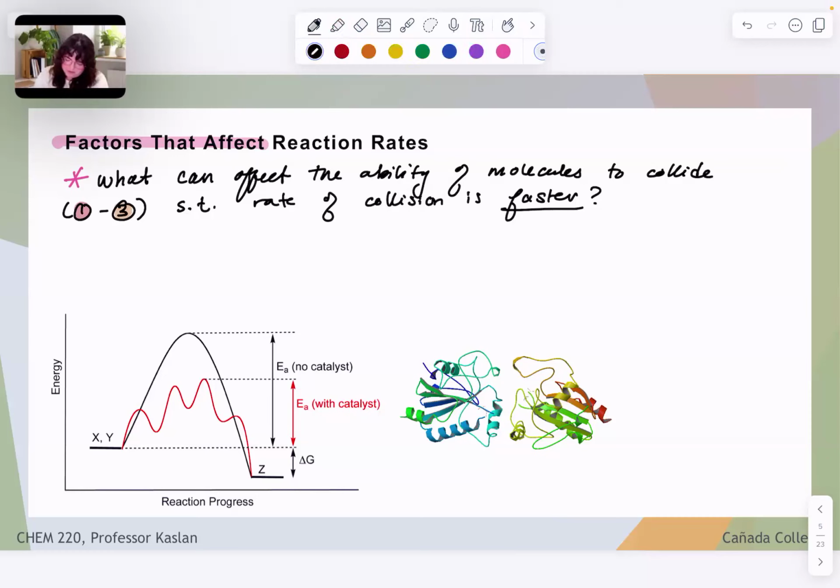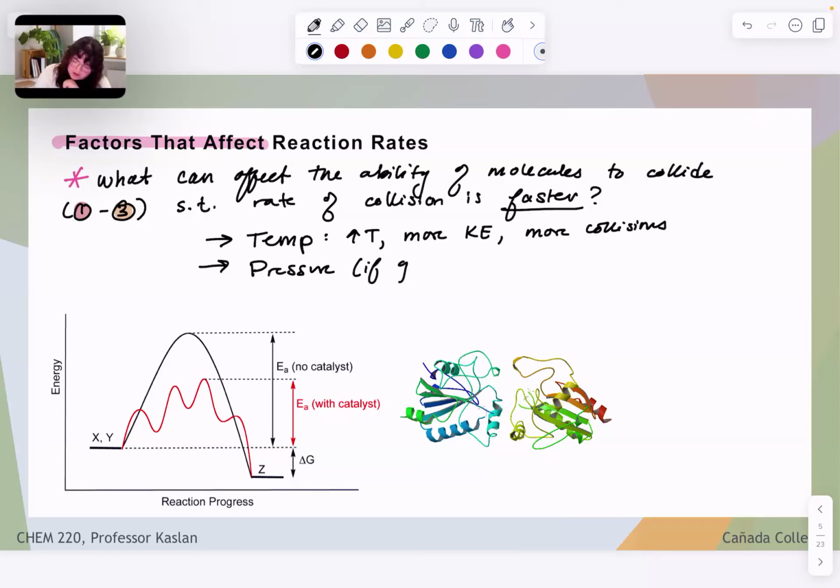So the first thing is we can affect the temperature of our reaction. As we increase the T, there's more kinetic energy available for our molecules to use to move around with. So we have more collisions. Similar thing goes for pressure.